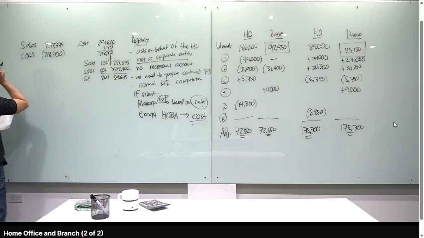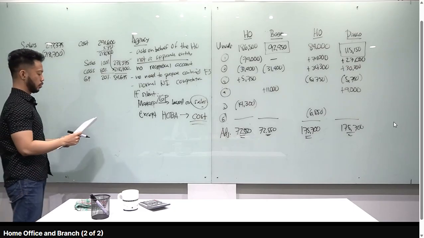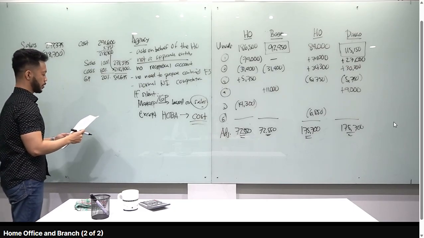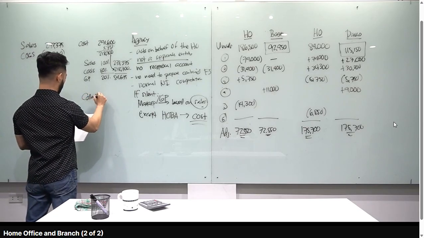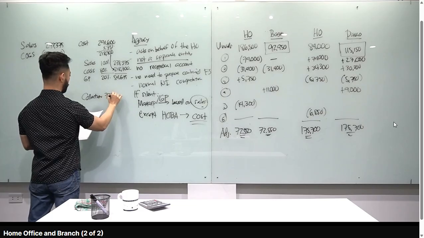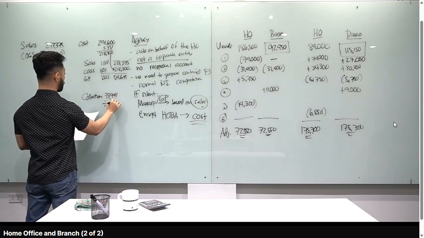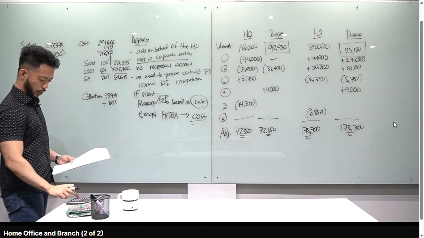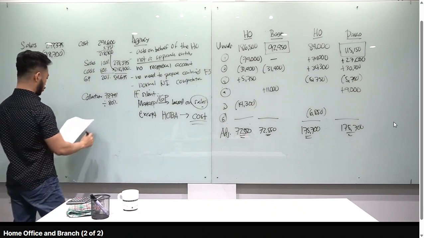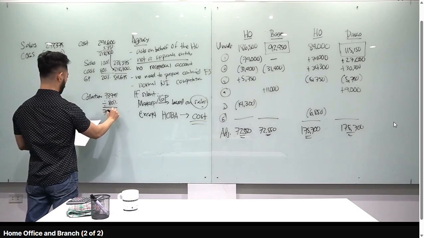Anyway, let's continue. Let's go to the third bullet: payments made by the agency. Collections from customers amounted to 73,941, net of 2% sales discount. Compute natin yung sales discount. Cash collections, 73,941. Ang gagawin ko diyan, i-divide ko by 98% to get yung AR ko. 73,941 divided by 0.98, you get 75,450. Ito yung AR ko.